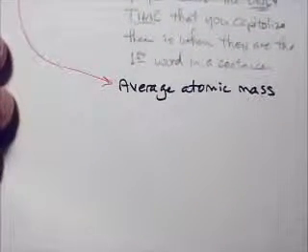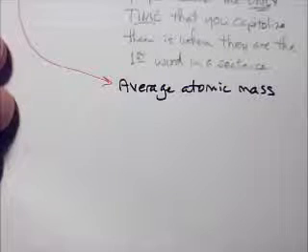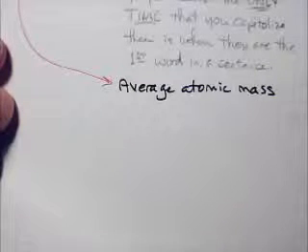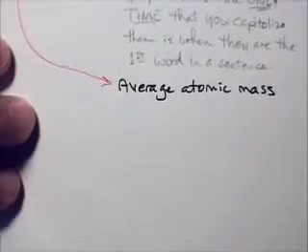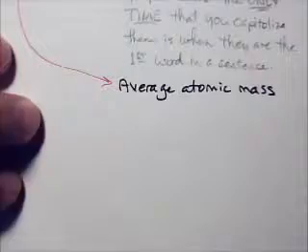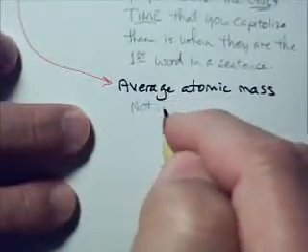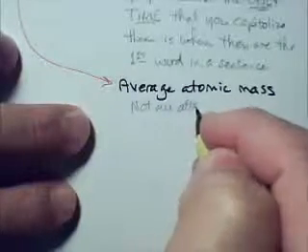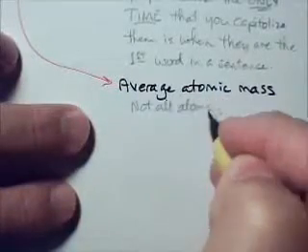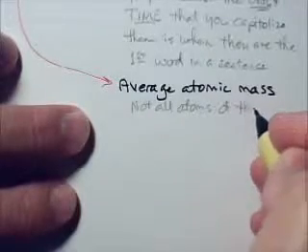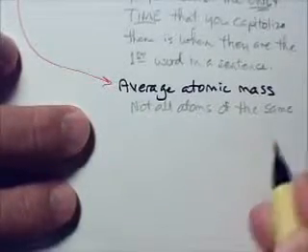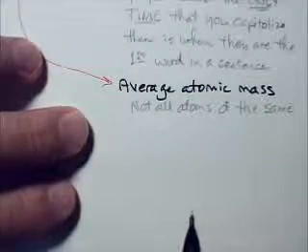So if you have an average atomic mass, it must mean that some atoms of that element have different masses. Okay? If they all had exactly the same mass, we wouldn't need an average atomic mass. That's right. The reason it's average atomic mass is not all atoms of the same element have the same number of neutrons. Remember, it's the protons that identify what the element is, right?